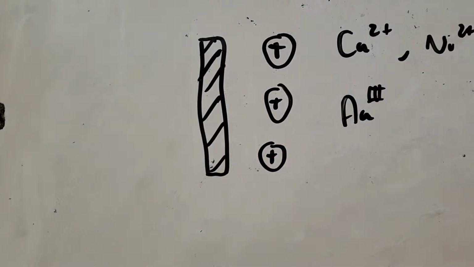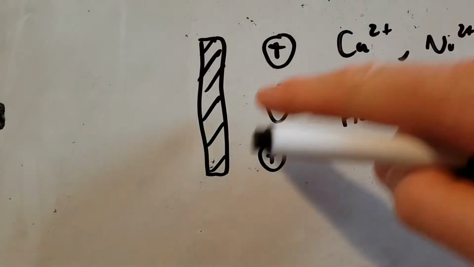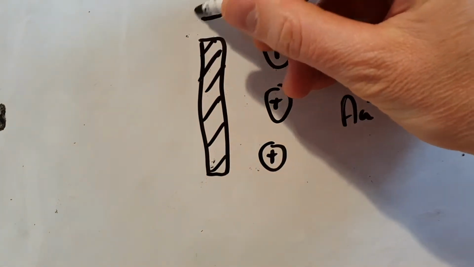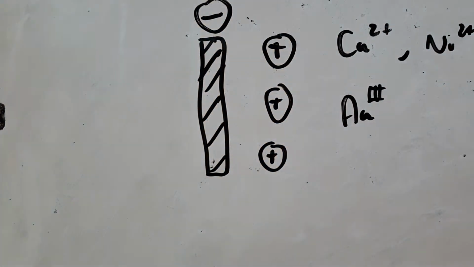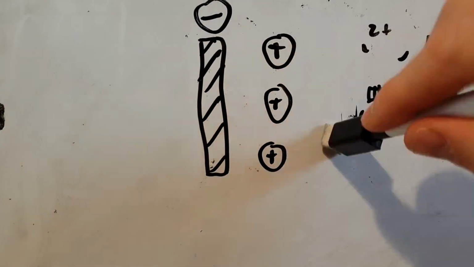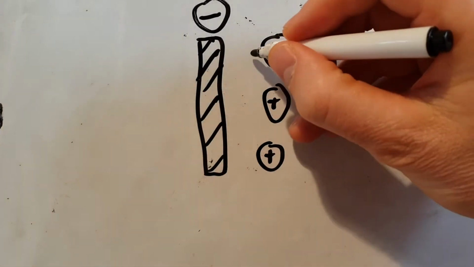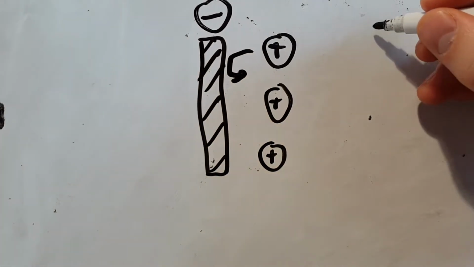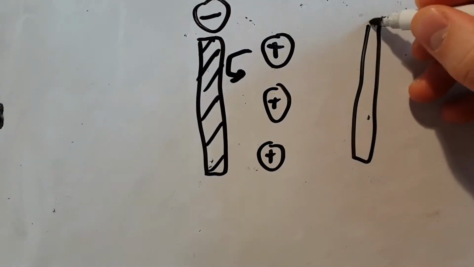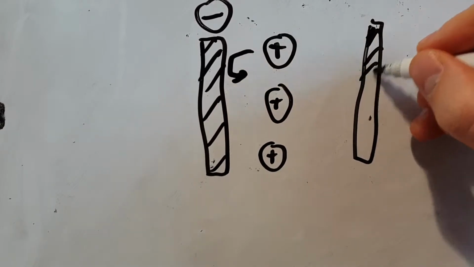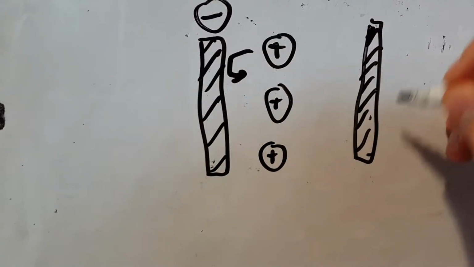What's happening is you're either applying a negative voltage or applying a current out of the electrode. So we put a negative voltage on the metal. These ions reach the surface, and when they reach the surface, their positive charge receives an electron.